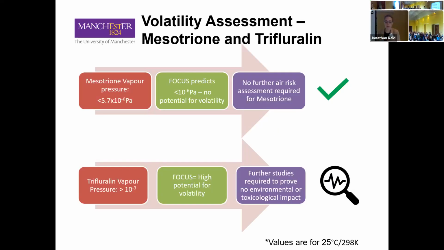Therefore, we're not worrying about it being in the atmosphere. Trifluralin, on the other hand, is a completely different story, and during the renewal process further studies would need to be undertaken to ensure that no environmental or toxicological impact would occur.